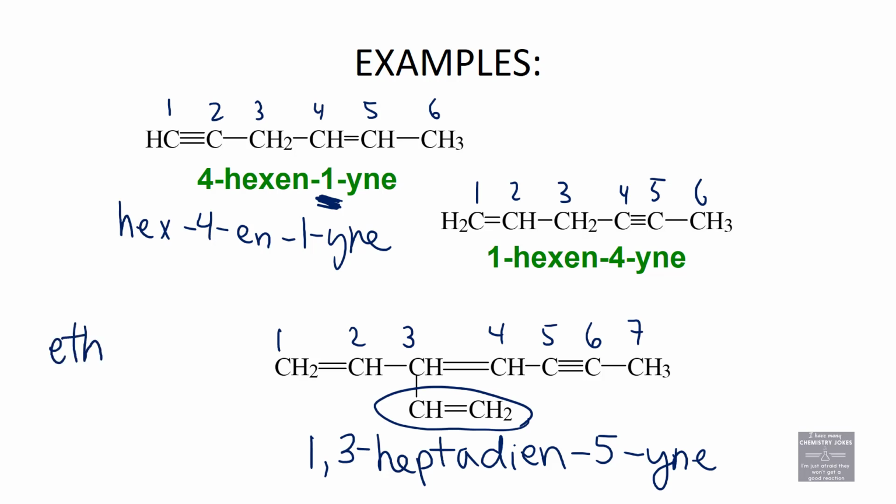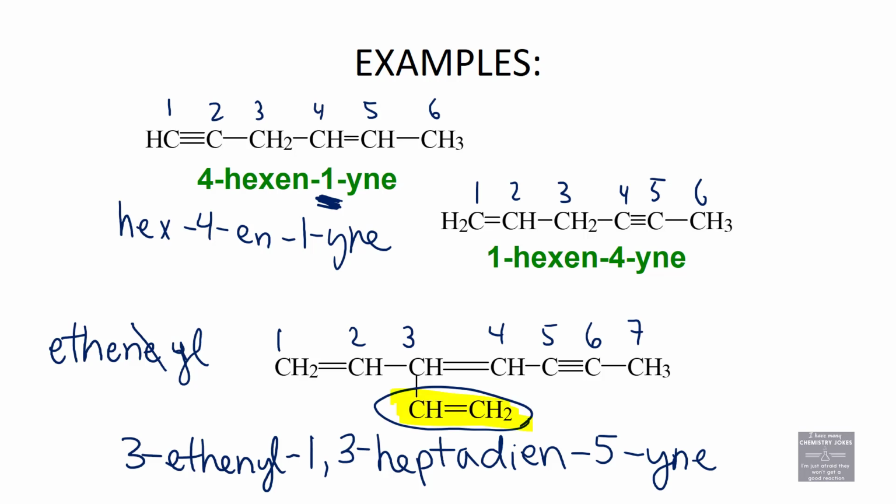That group is 2 carbons, so it's an eth. It would be ethene if you named it individually. But it's not an ene, it's an ethenyl, to tell me that it's hanging off of the main parent chain. So it's a 3-ethenyl-1,3-heptadiene-5-yne. That's a mouthful, right?